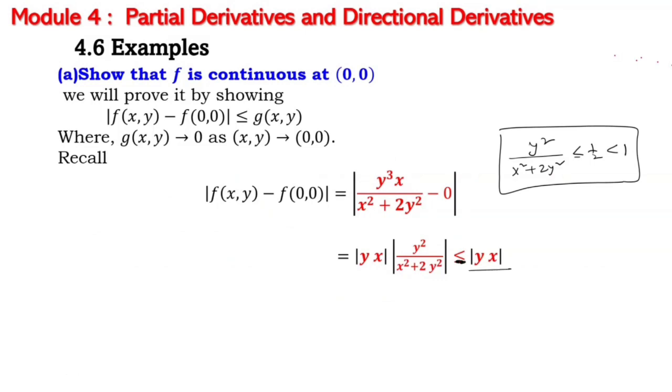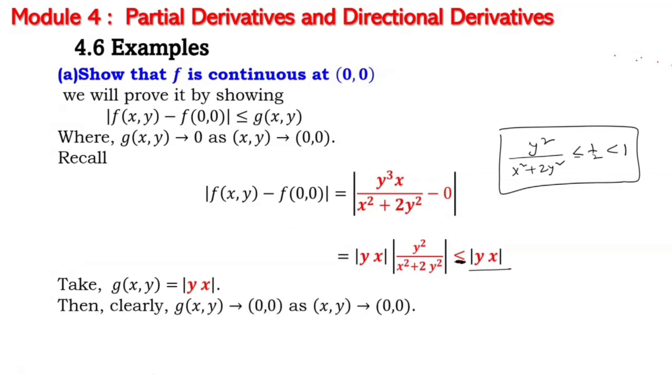So we'll take this as g, so g(x,y) equals yx. Then we'll see that g(x,y) tends to 0 as (x,y) tends to (0,0), and from there we'll say that f is continuous at (0,0).